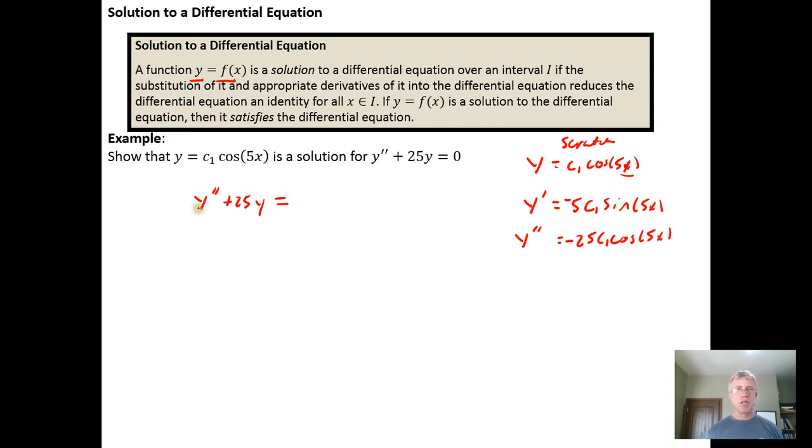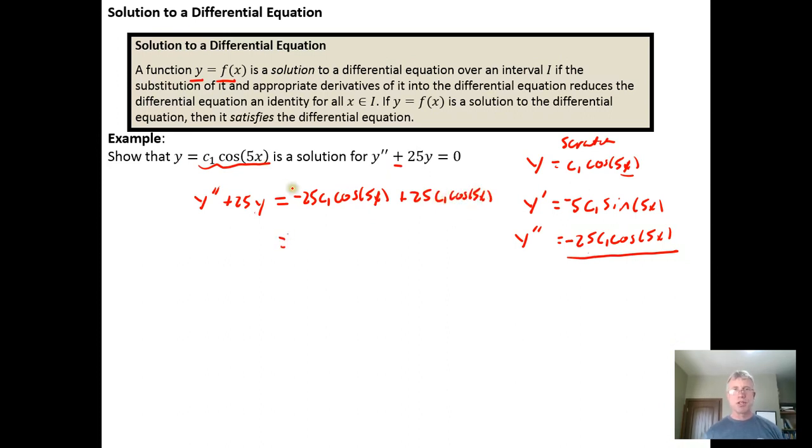So now we step over here and we replace y double prime with this. Y double prime is negative 25 c sub 1 cosine of 5x plus, we have 25 times y, so replace y with c sub 1 cosine of 5x.